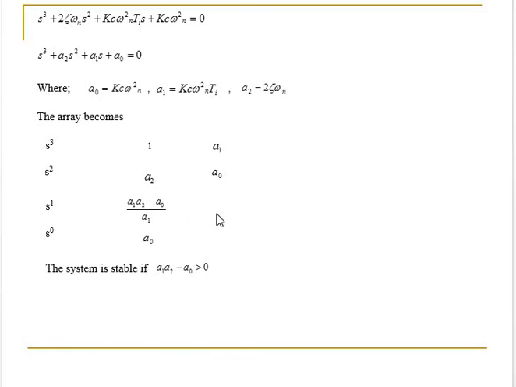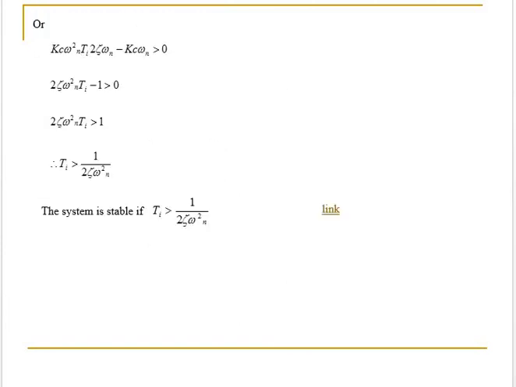In order for the system to be stable, this value A1 and this value A2 should be more than 0, and then from this we get that A1 times A2 minus A0 should be more than 0.